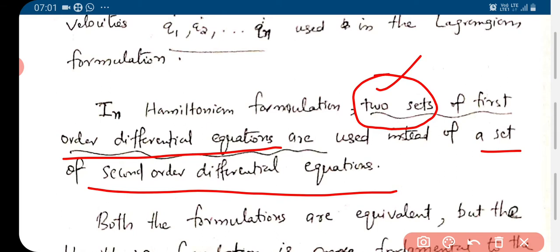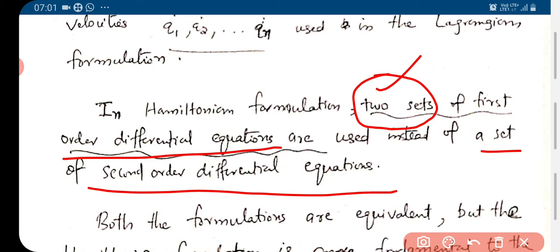Two sets of first order differential equations are used instead of a set of second order differential equations in the Lagrangian formulation. In the Hamiltonian formulation, we have two sets of equations for the coordinates q1, q2, qn, and these equations are all first order differential equations.